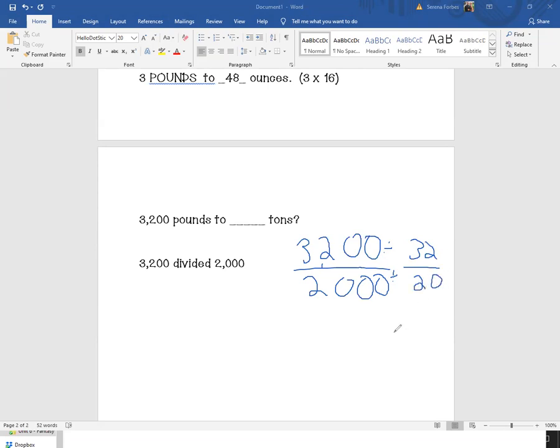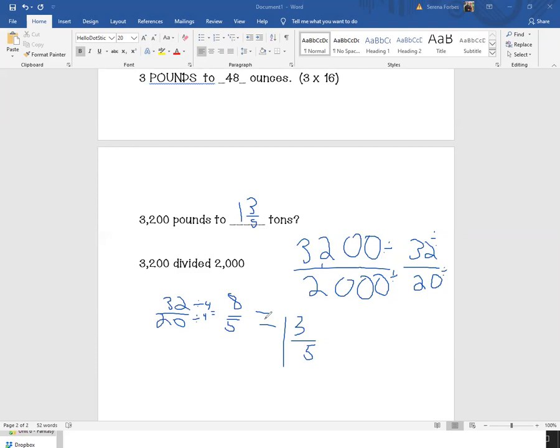And then I can divide this again by 4. So 32 over 20 divided by 4, to simplify, I will get 8 over 5. And therefore, I will convert that into 1 3/5. So my answer here, 3,200 pounds equals 1 3/5 tons.